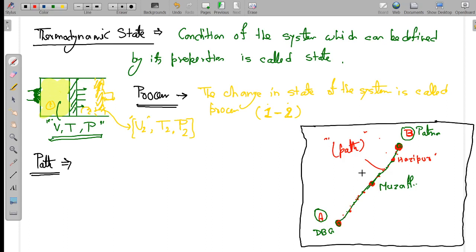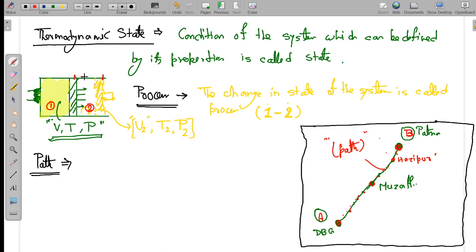There can be a number of paths possible to reach from Darbhanga to Patna, if I am not considering only road transportation. Similarly, in the case of a thermodynamic system, the system has moved from position 1 to position 2. The initial condition is here and the final condition is here.